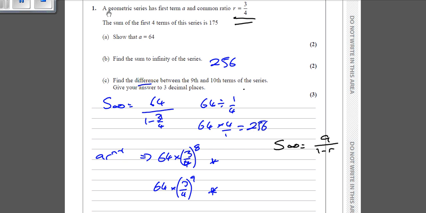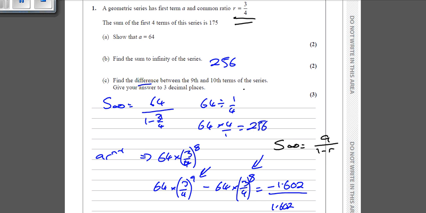So in terms of your workings, you could do that one, take away 64 times 3/4 to the power of 8. Do that on your calculator, and if I just pause the video, I can tell you instantly what we get. And putting it into the calculator, it gets minus 1.602, because obviously this one's going to be a bigger term than this one, because it's getting smaller each time. So if we get minus 1.602, we can actually say the difference is 1.602 to 3 decimal places.